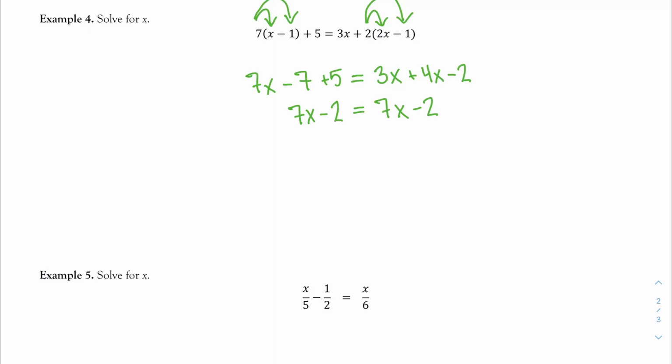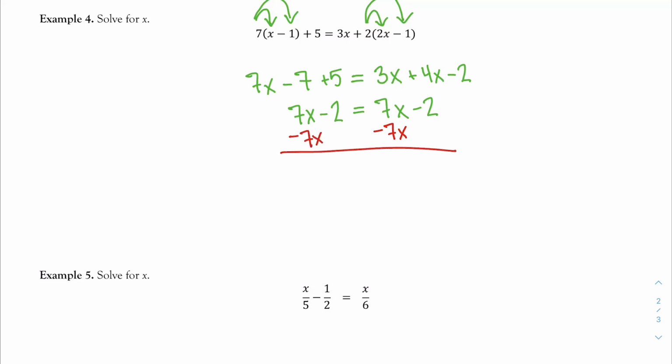This looks a little interesting to us. I got the same thing on the left, and I have the same thing on the right. Let's say you didn't notice, I can still try to solve for x. Let's see. If I try to move my x's to the left, I can go ahead and subtract 7x, subtract 7x.